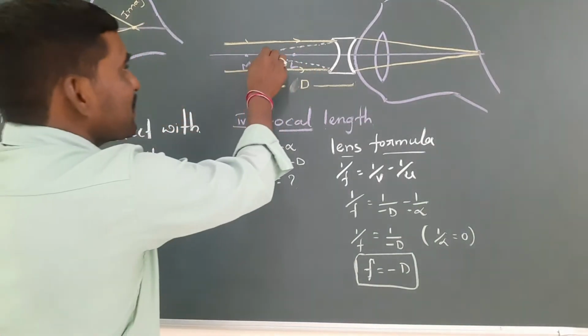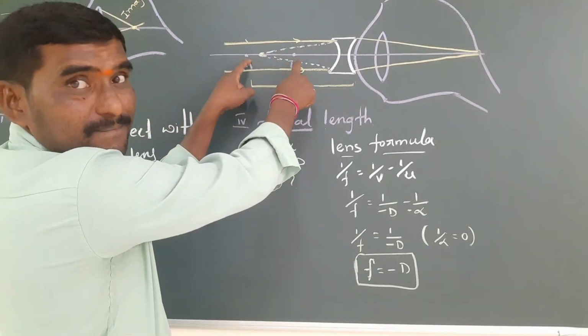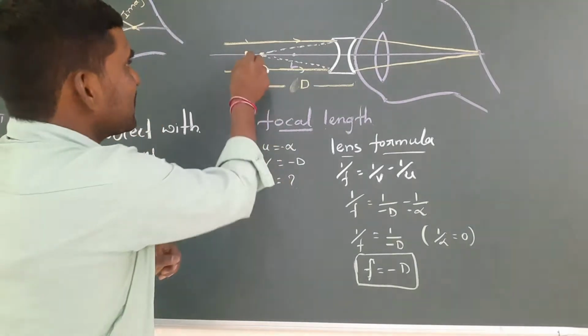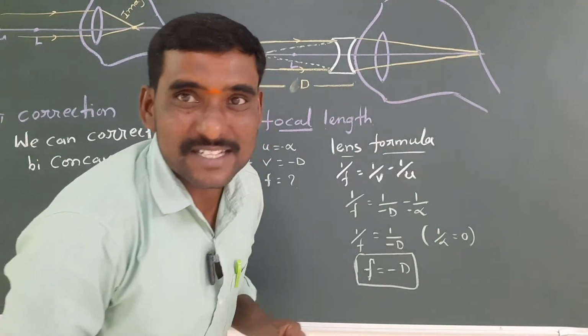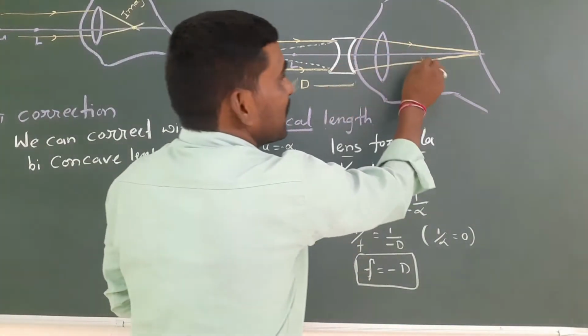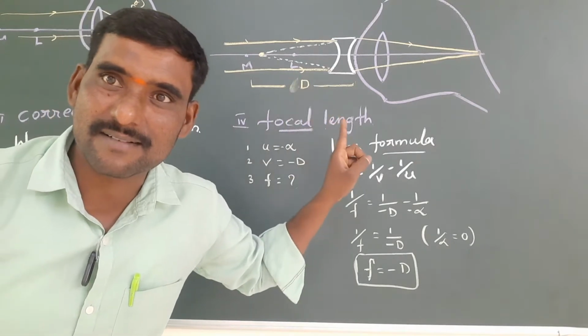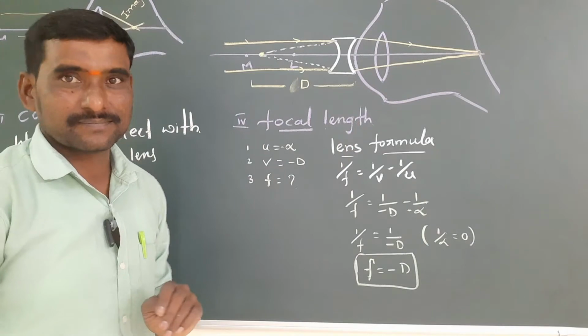For an infinity object, the image will form here only. So between M and L, that person can see. A myopia person can see between M and L. So the image forms here, and this can be seen by this person. Most important, correction. Draw it ten times to learn correction.